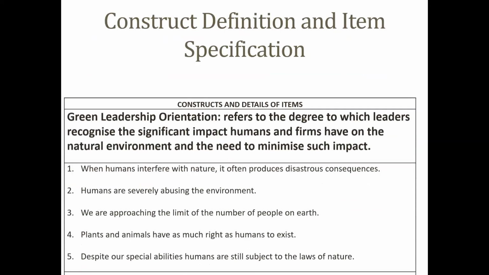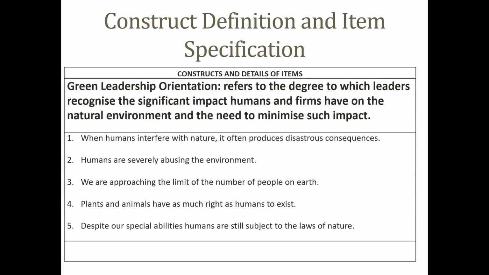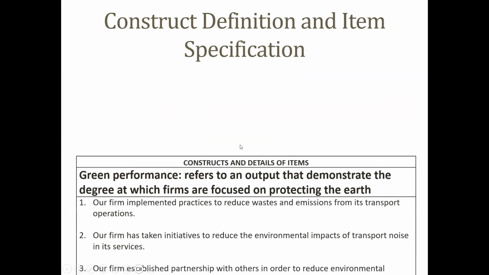Green performance. You could also look out for any certification they have obtained or any award they have obtained for green performance. If something like that exists, that could also be an alternative way of measuring their green performance.